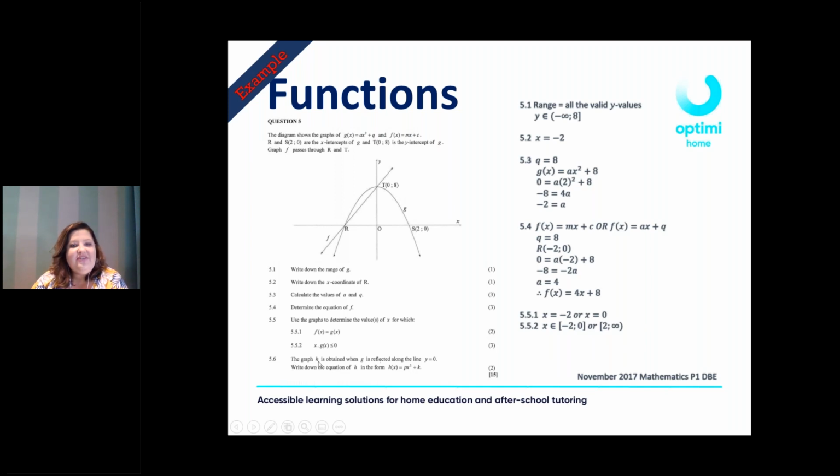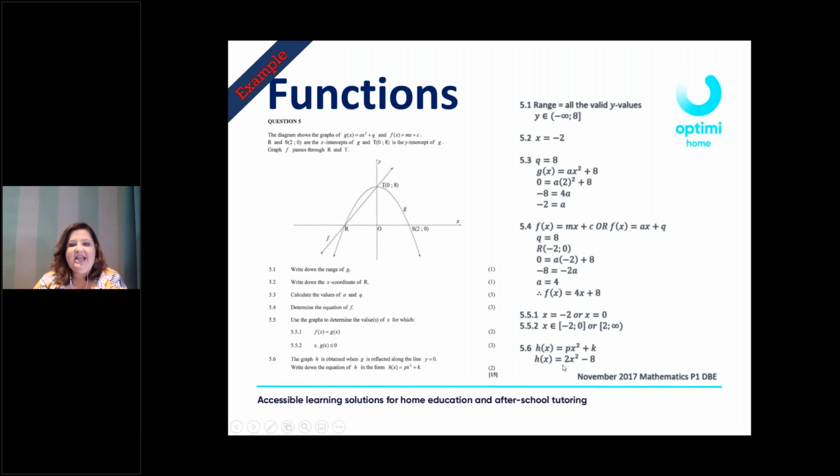Okay, now they say the graph H is obtained when H is reflected along the x is equal to 0 line. So it's over here. I need to reflect it to the other side. The only thing that will happen is my x values will change sign. Remember we said that A is a -2.